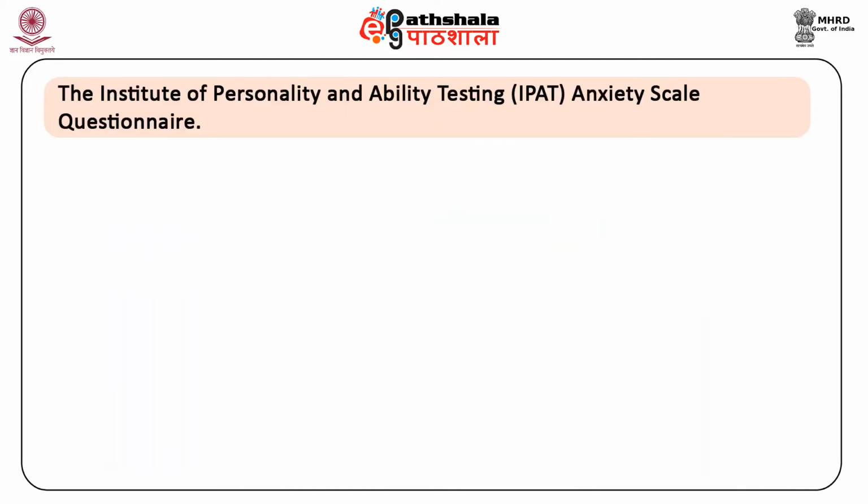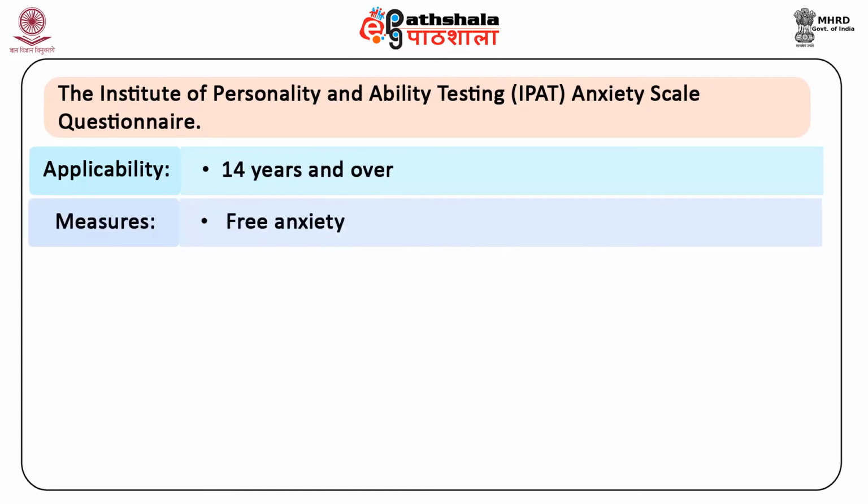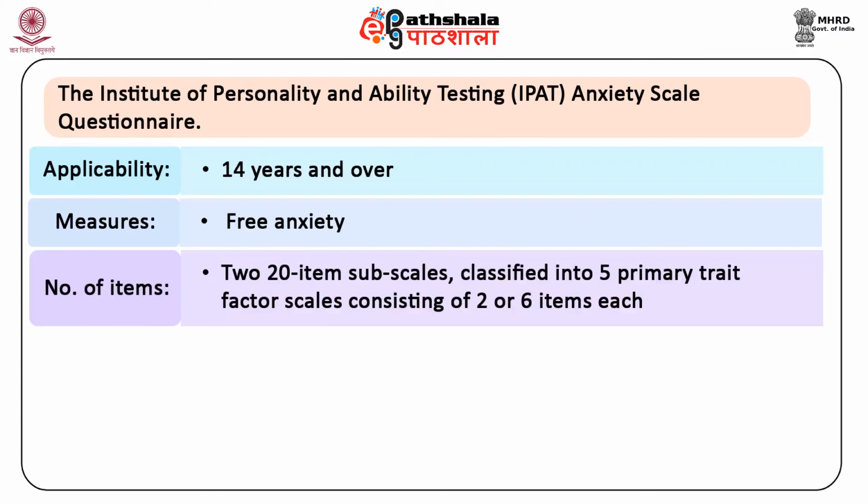The Institute of Personality and Ability Testing Anxiety Scale Questionnaire. Applicability: 14 years and over. Measures free anxiety. Number of items: 40, in 20-item subscales, covert and overt anxiety, classified into 5 primary trait factor scales consisting of 2 or 6 items each.